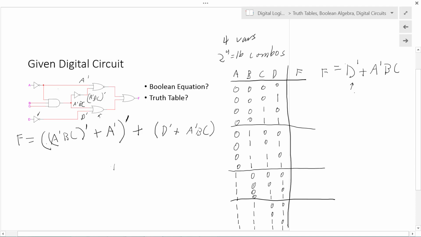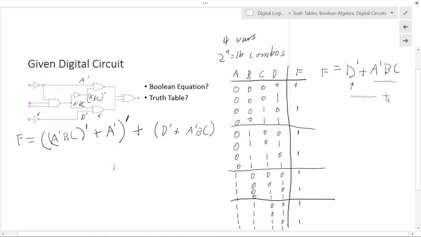So if D is equal to 0, D prime is 1. 1 ORed with anything is equal to 1. So when D is 0, F is always equal to 1. Let's fill in all of these entries then. 1, 1, 1, 1, 1, 1, 1, 1.